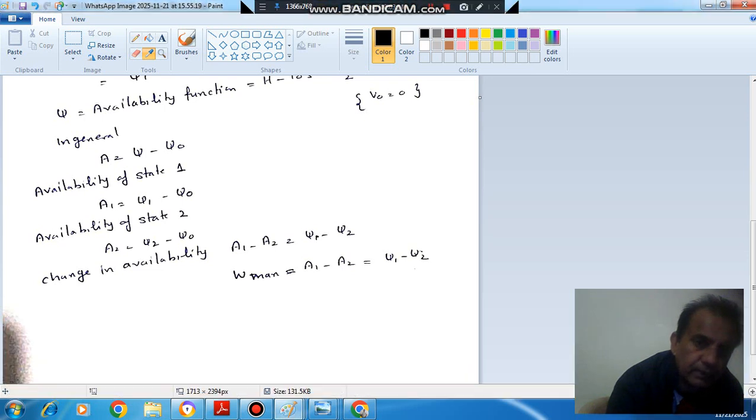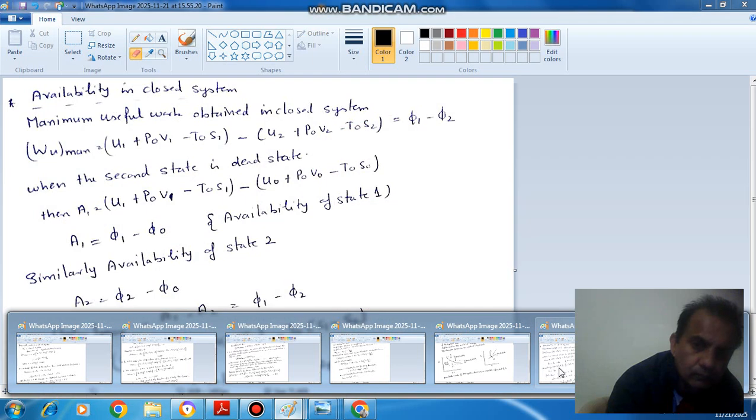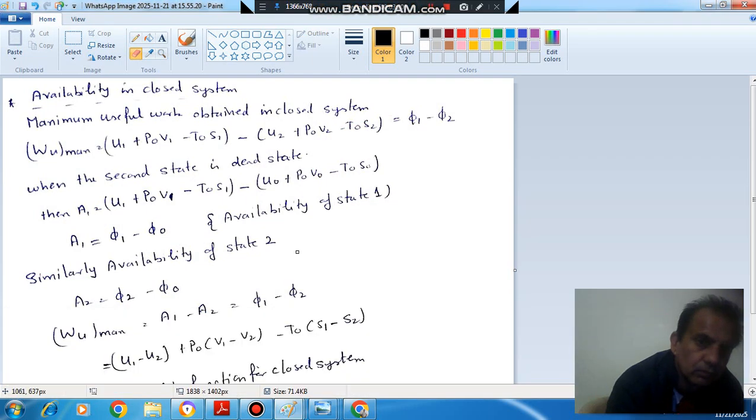Now if we take the closed system, for closed system there was PdV work, and the expression for maximum useful work was U1 plus p0 V1 minus T0 S1, minus bracket U2 plus p0 V2 minus T0 S2.